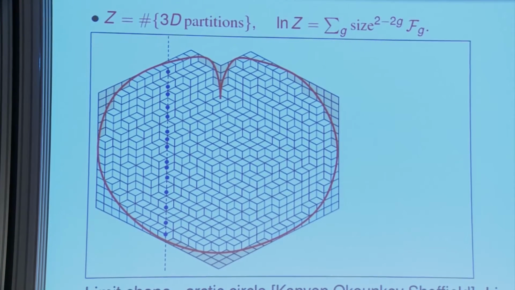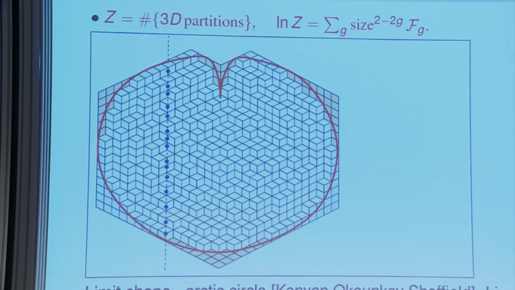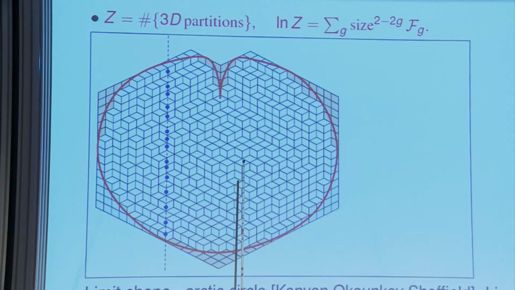And take the density of those blue dots. The density of those blue dots defines a spectral curve, which depends on which vertical slice you choose. So if you choose this vertical slice or that vertical slice or that one, you get another density. Okay?